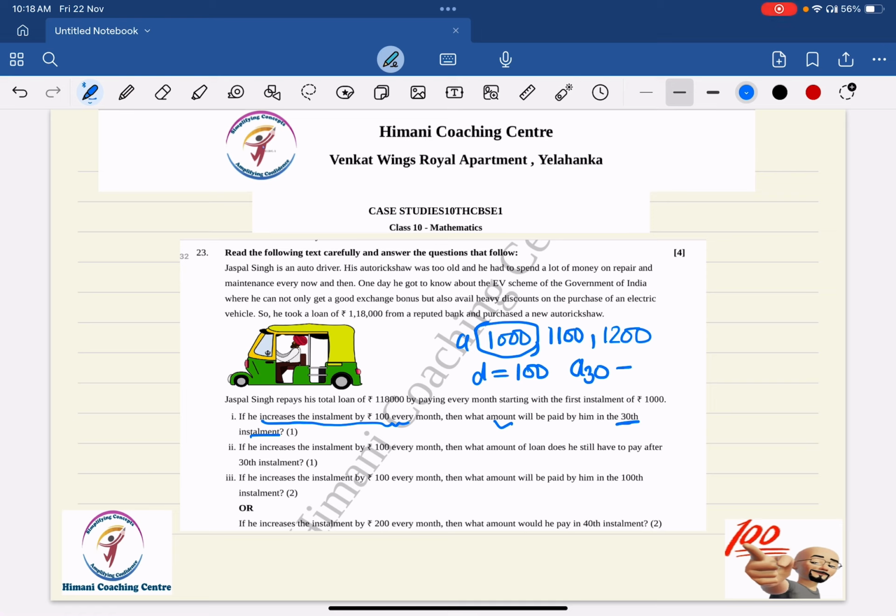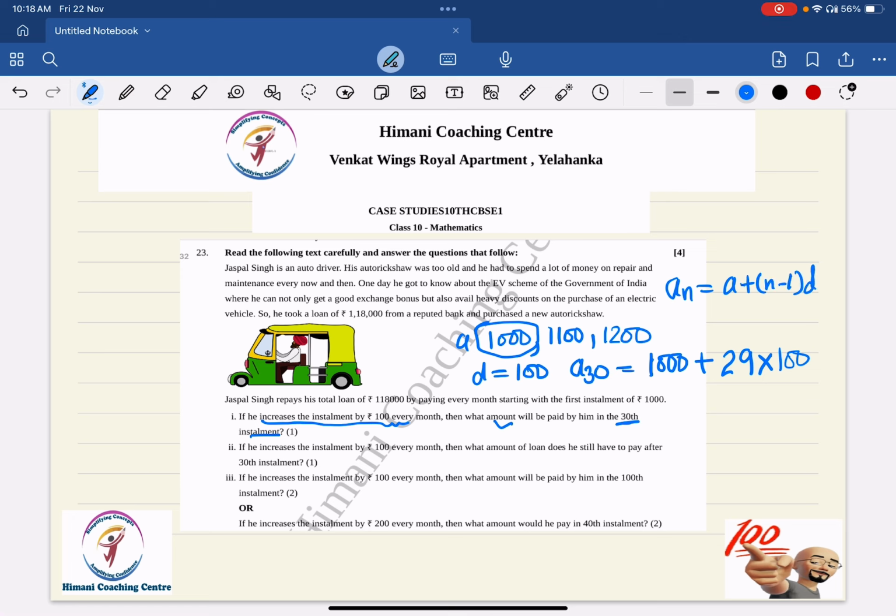So a30 would be what? It should be equal to a, which is 1000, plus n minus 1, so 30 minus 1 is 29, times d. Which formula are we using? an equals a plus (n minus 1)d.